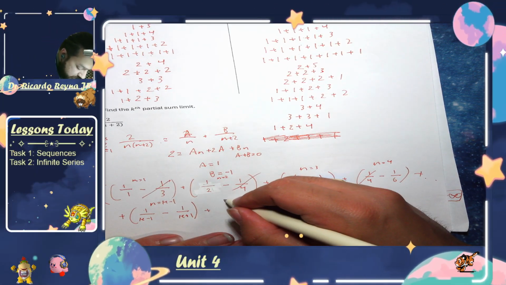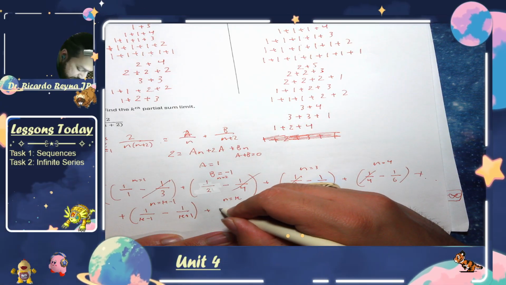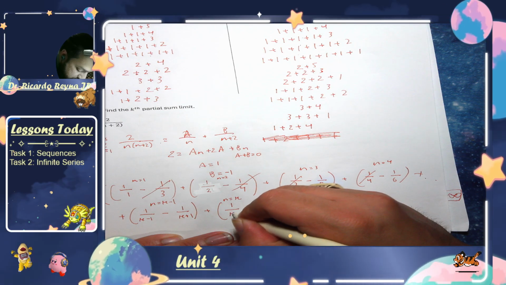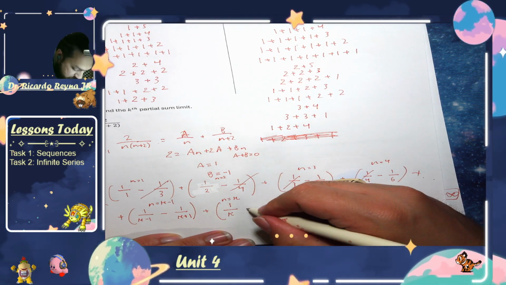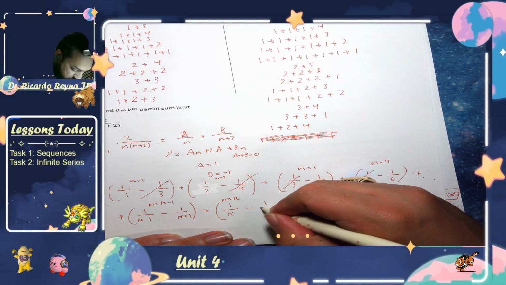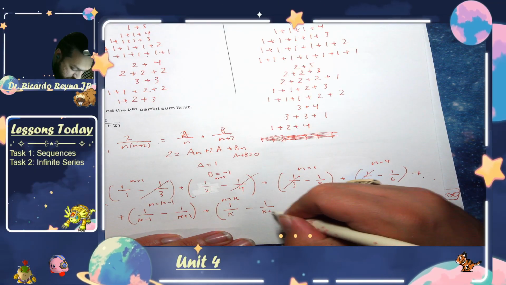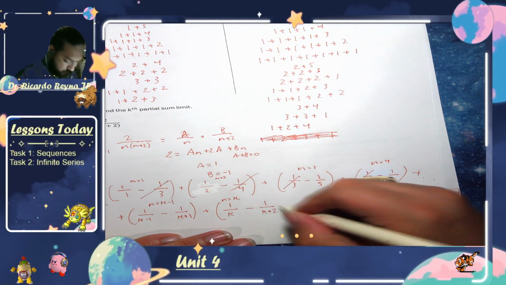And then plus for n is equal to k, 1 over k minus 1 over k plus 2.